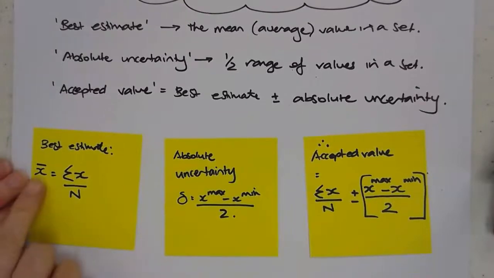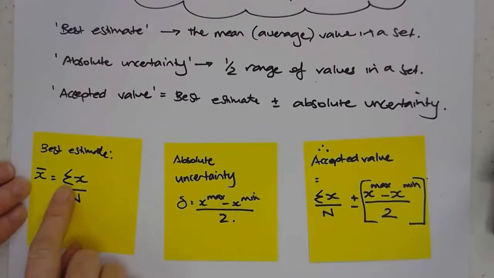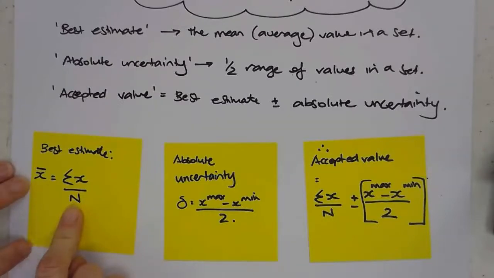In terms of formulas, they look a bit like this. Best estimate is represented here. It's the sum of x, being the sum of all the values in a data set, divided by the number of values that there are. So that's how we find our average. Say there are 5 different points of data: add them all up, divide by 5.